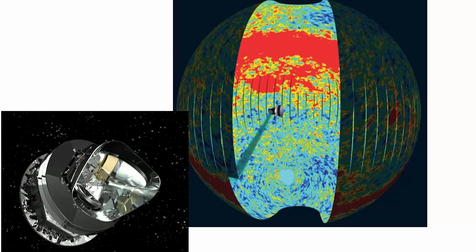You can see the satellite sits up in space and really scans each point of the heavens as it rotates around. Fantastic piece of kit. Thank you, Germans, for putting this up.